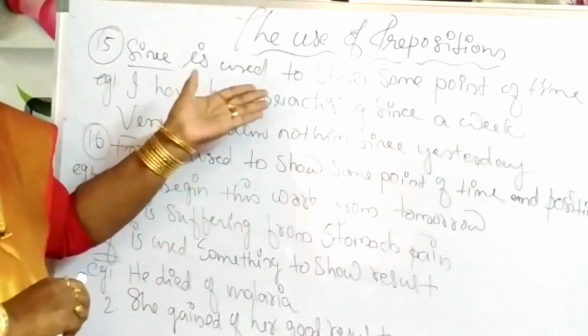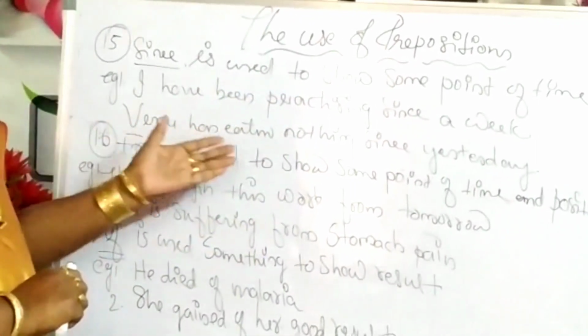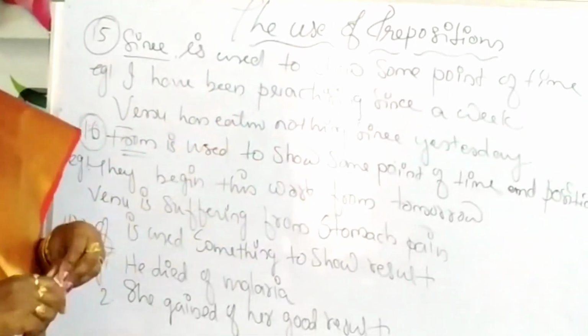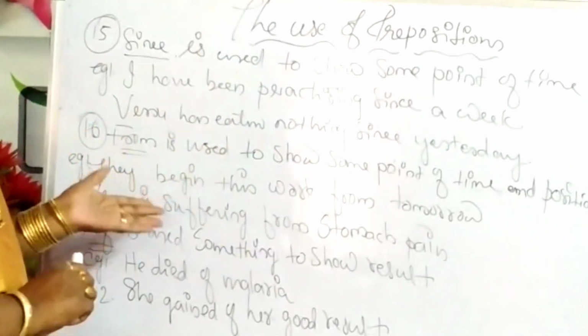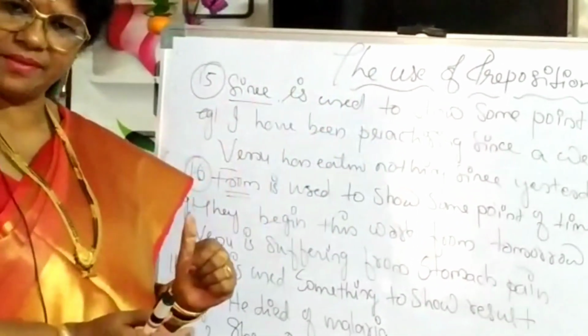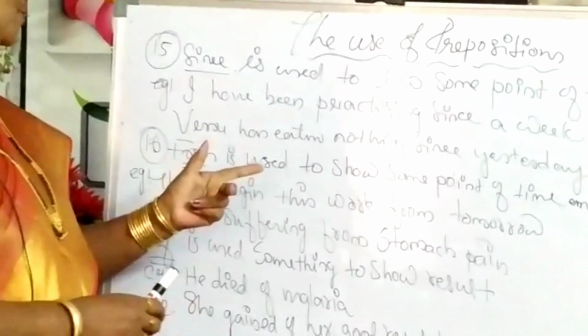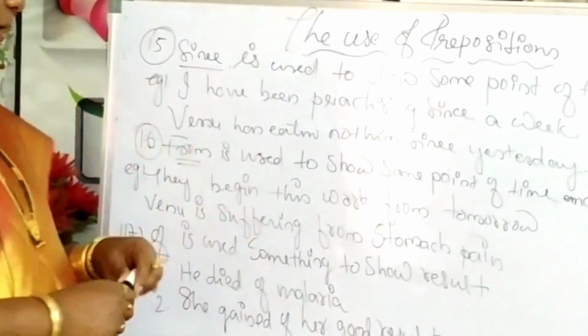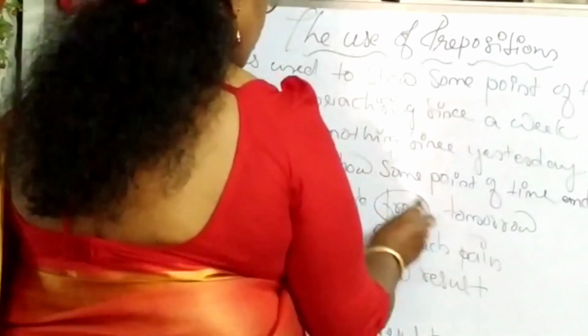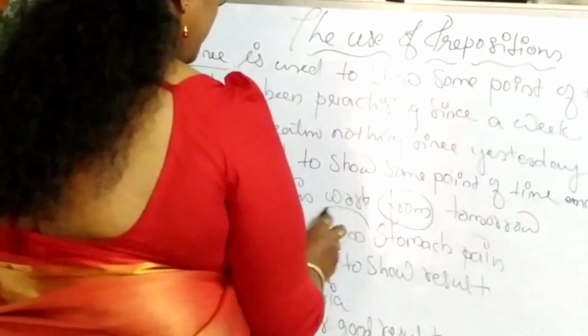This all shows some point of time. From. From is used to show some point of time and position. From we commonly use. While writing a letter, we keep the from address and the to address. From, it's very common. Then, they begin this work from tomorrow. Here, from tomorrow. Venu is suffering from stomach pain.